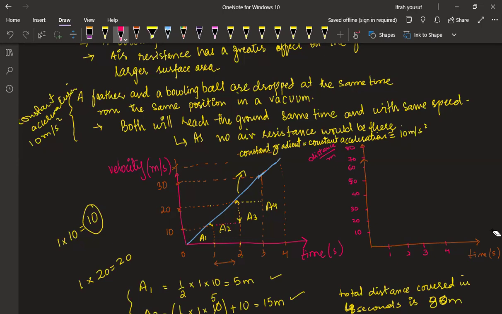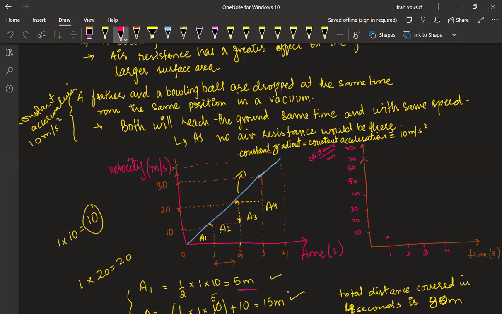All right. So at 1 second, the value is 5. Okay. In 1 second, the value is 5, right? So I need to find out the point here. Okay. Are you getting my point? Now in 2 seconds, it's 15, right?